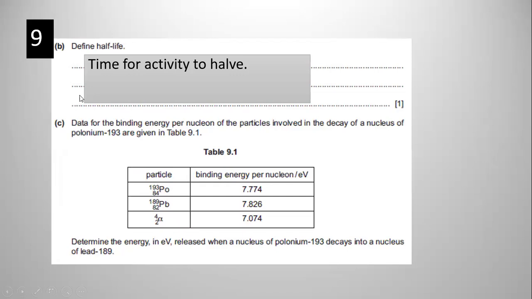Okay, data from binding energy per nucleon of particles involved in the decay of nucleus of polonium is given. That one is the alpha particle. This one is the binding energy per nucleon. Determine the energy in electron volt released when the nucleus of polonium decays into nucleus of lead.